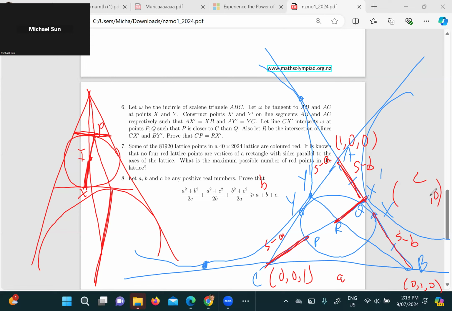Okay, which one? The first. What's the other one?